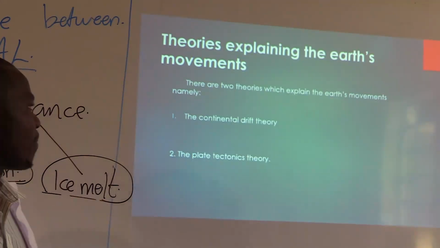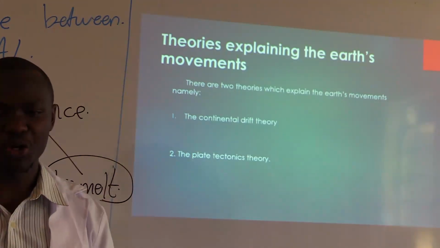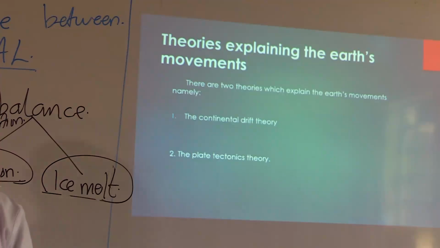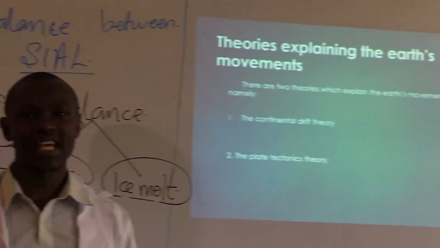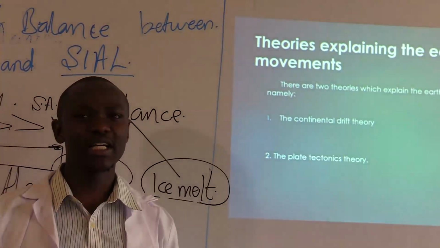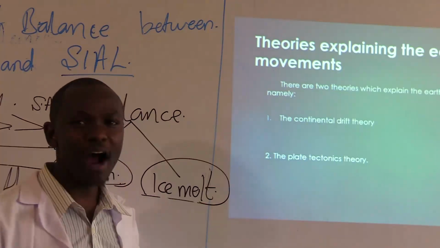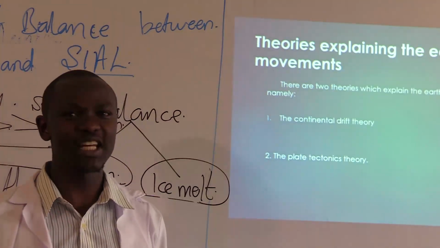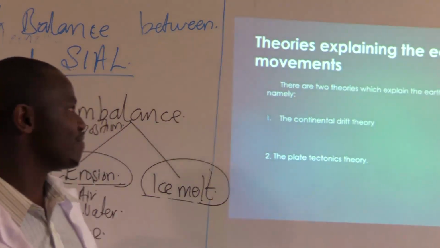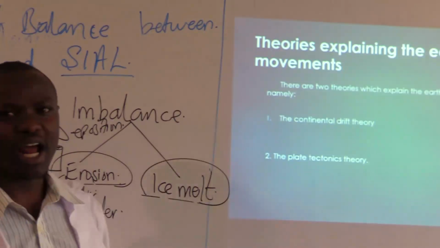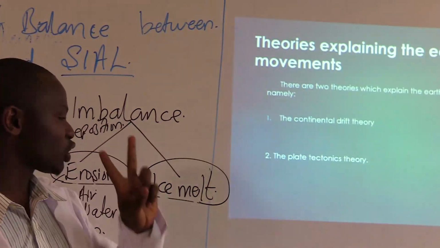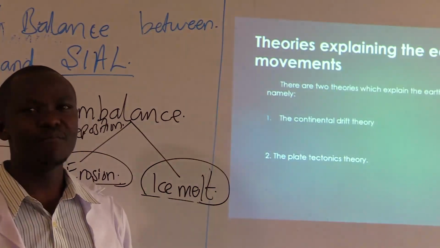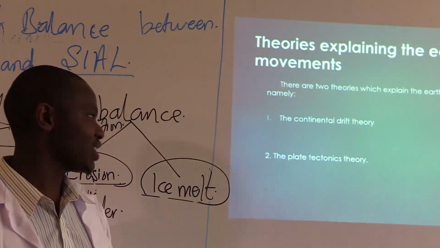One, we shall discuss the continental drift theory, which is all about the theory which explains how the present day continents came to be, by a meteorologist called Alfred Wegener. And number two, we shall be discussing the plate tectonic theories.